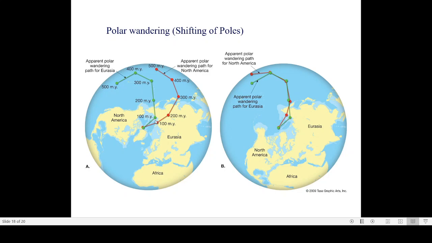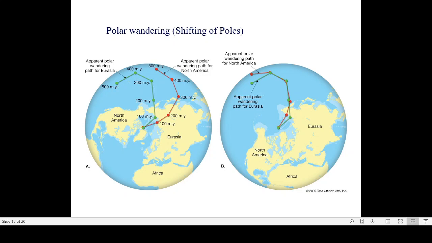Around 100 million years ago, the magnetic north was here. Around 200 million years ago, the magnetic north was here, and around 300 million years ago, the magnetic north was here. So around 500 million years ago, it was very far from the present geographical north.